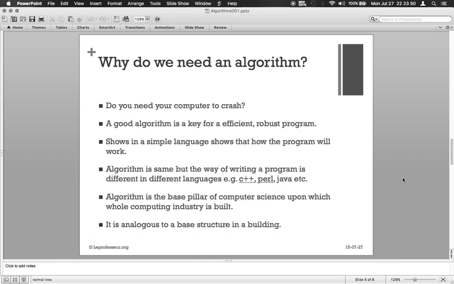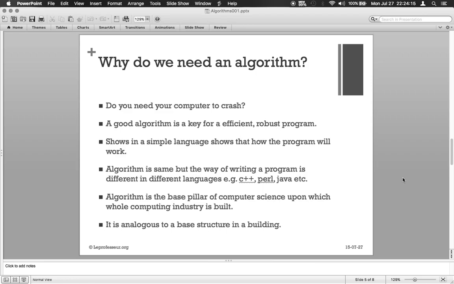The question comes, why do we need an algorithm? That's an interesting question. Well, I would ask, do you need your computer to crash? Of course you wouldn't want that. So why would a computer crash? Because the computer doesn't execute good code. And why doesn't it execute good code?